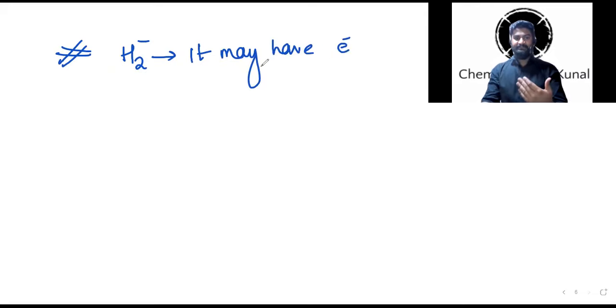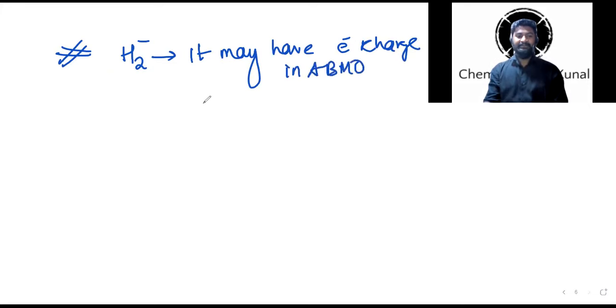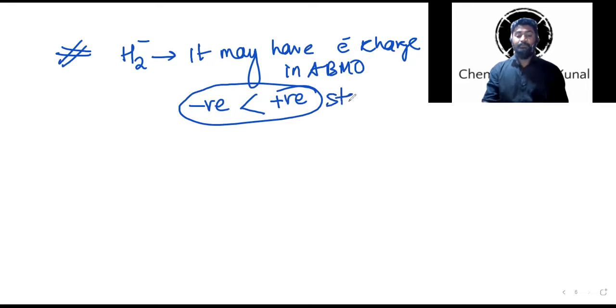Why? Because if it is negatively charged, electrons might have moved into the higher shell. So negatively charged species are typically less stable than positively charged species. But again, don't always go with this, though it works most of the time.